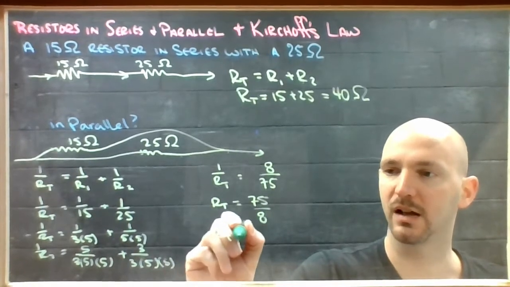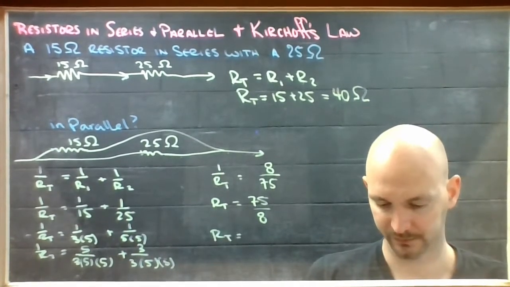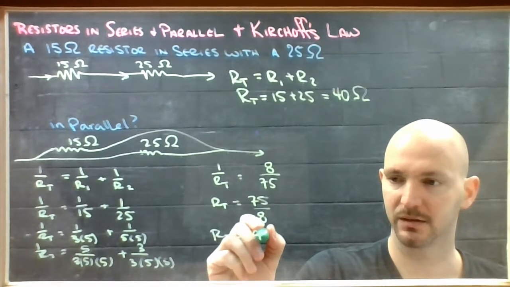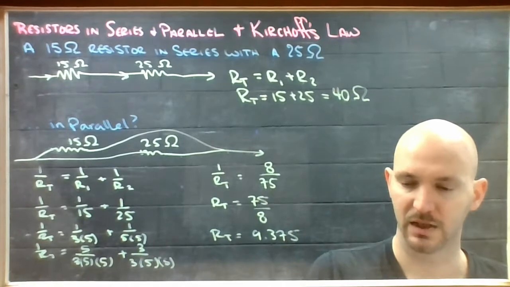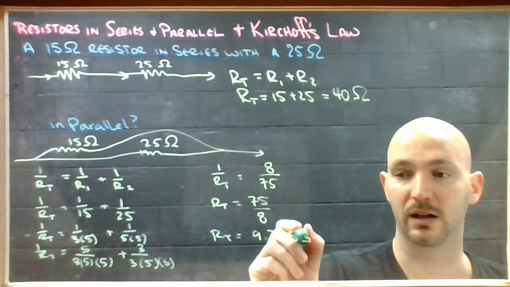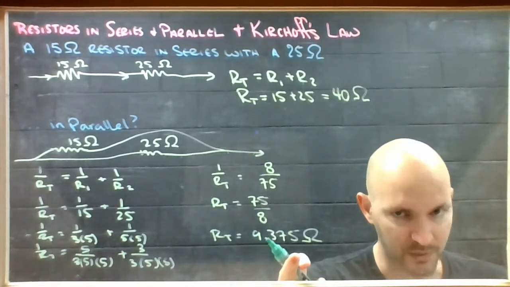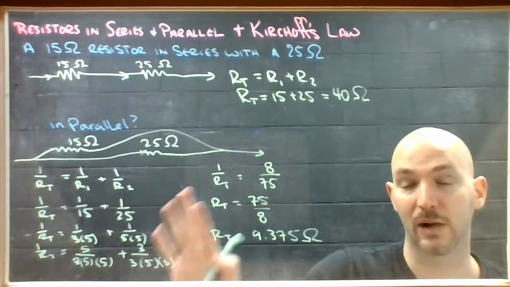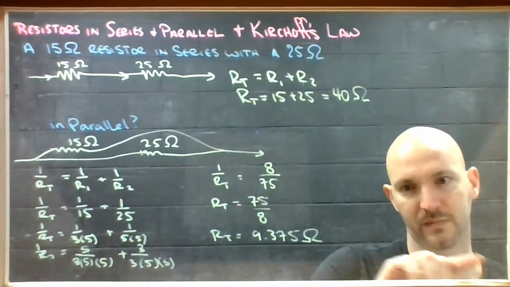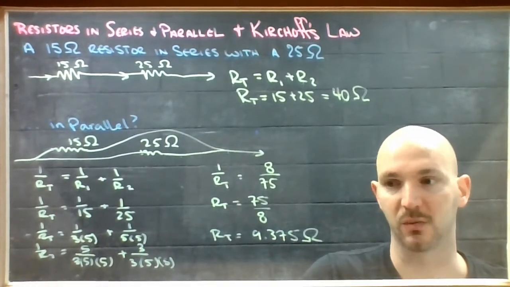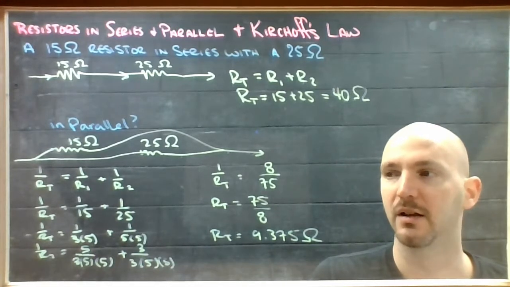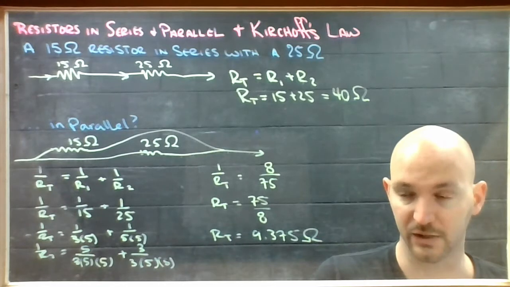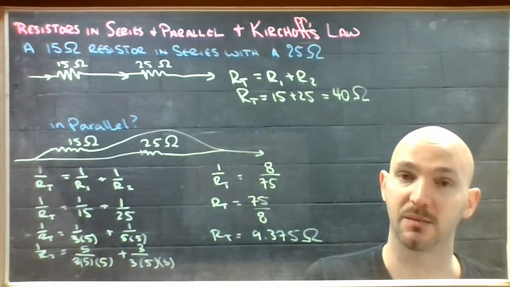And so I end up with 75 divided by 8, which is 9.375. Now, when we did this before, we had 9.374 or something, and a whole bunch of garbage going after it. The rounding error ended up turning this into some awful long decimal when it should be a nice clean number. So the fraction method is strongly recommended because it gives you a nice clean value. You could even just leave it as the fraction if it comes out as something gross.